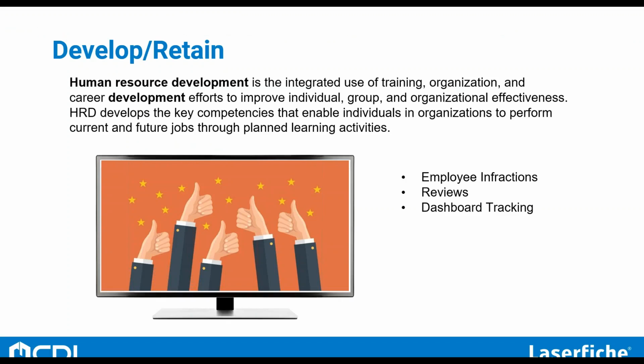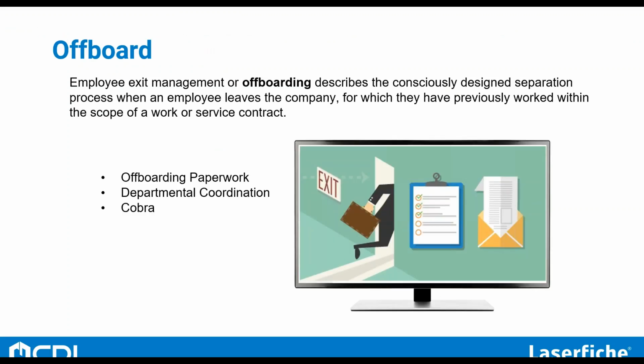So then the next step in our life cycle is offboarding. So we've gone through, we've reviewed our employee, we've hired her. Now we're going to offboard her. So whether she is terminated or puts in her notice, we can kick off the offboarding process.